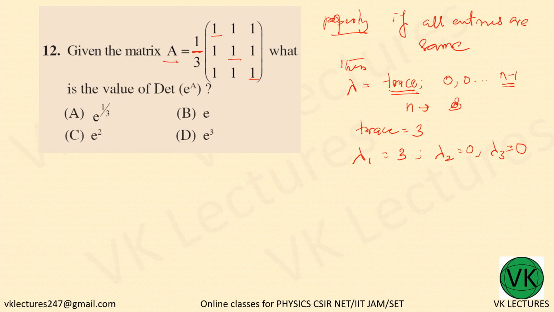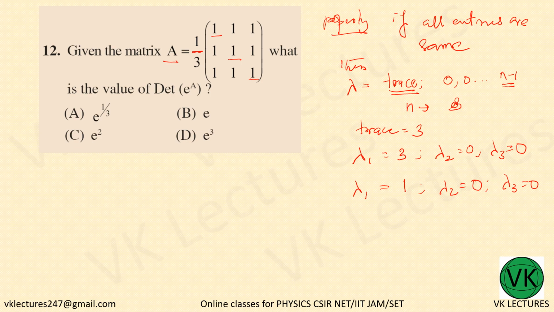Now when you divide a matrix by 1 by 3, its eigenvalue will get reduced by 3. So lambda 1 is equal to 3 by 3, that is 1. Lambda 2 is 0 again. Lambda 3 equal to 0.